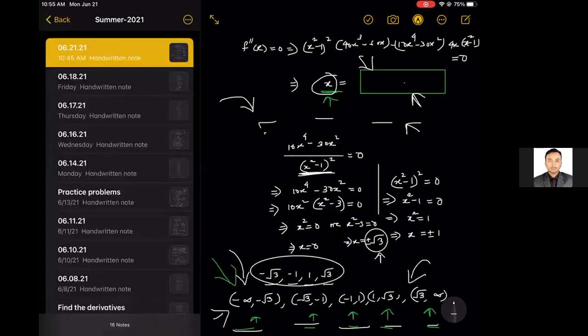Who wants to tell me the solution for the second derivative? What do you get for this x? I didn't get far enough to get all the x values, but I did get it simplified. Okay, is there anyone who has these values of x?